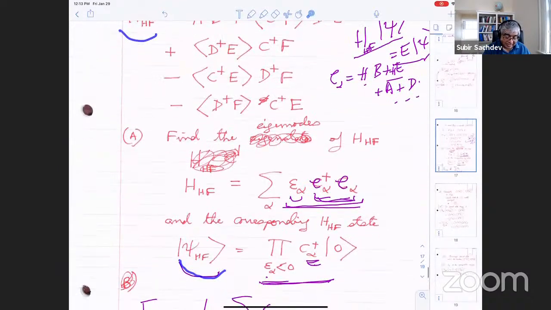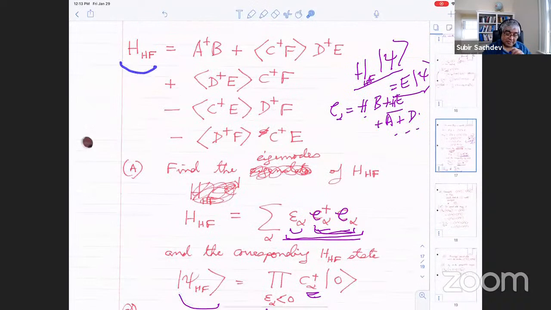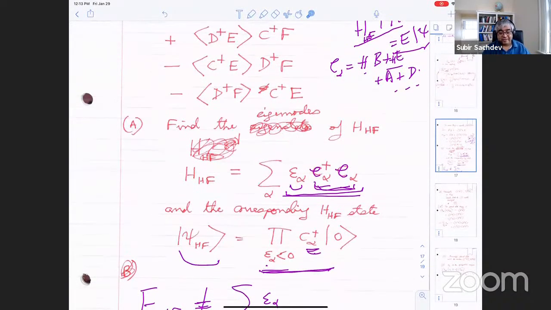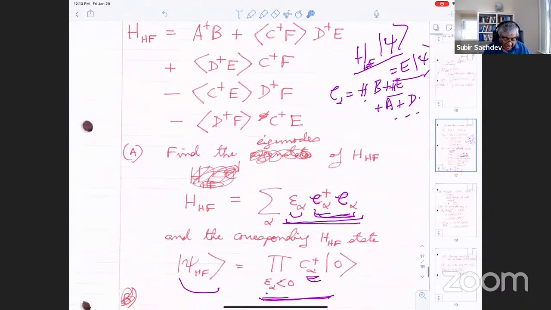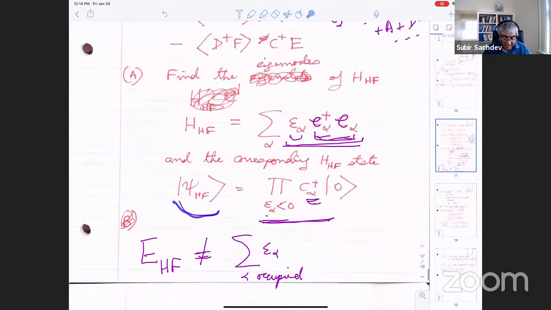So the Hartree-Fock state is an exact eigenstate of the Hartree-Fock Hamiltonian. But we're going to take the Hartree-Fock state as a variational eigenstate of the true Hamiltonian. Okay, we're not really interested in the Hartree-Fock Hamiltonian other than it gives us the Hartree-Fock state. Okay, it's the exact eigenstate of H HF.